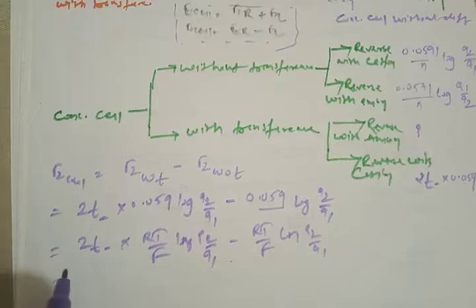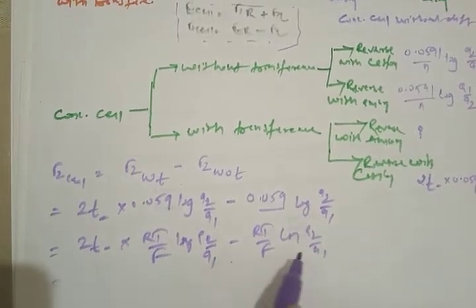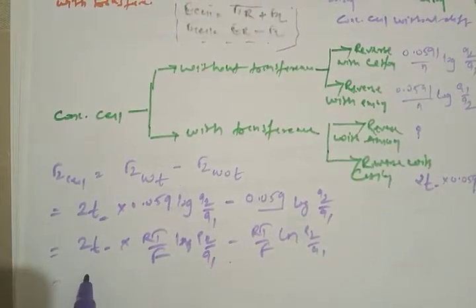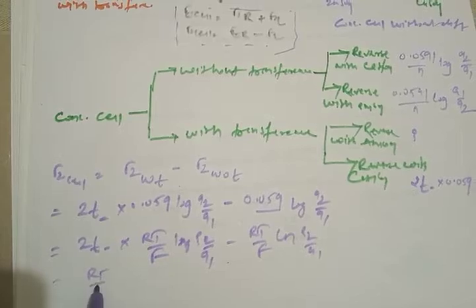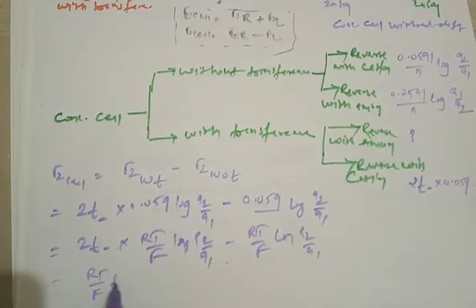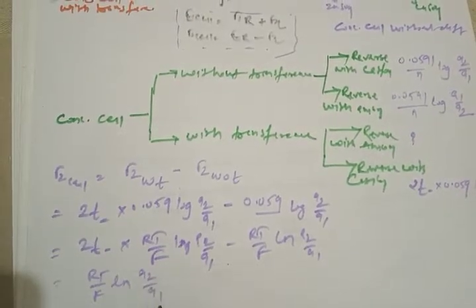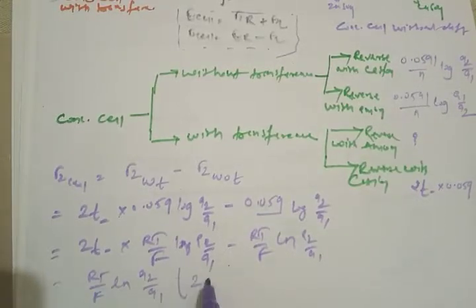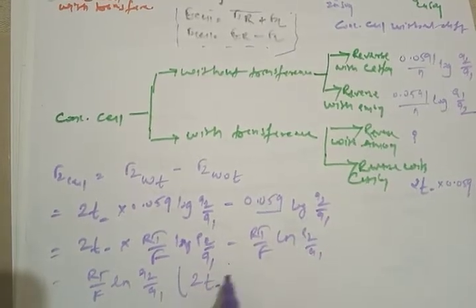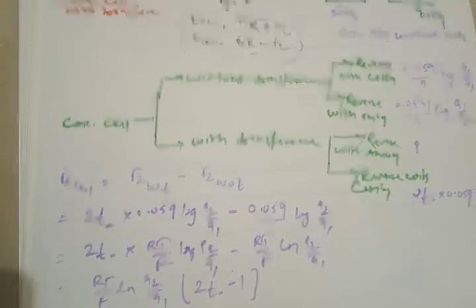These two have a common factor, so we take RT upon F ln A2 upon A1 common, with 2t minus minus 1.